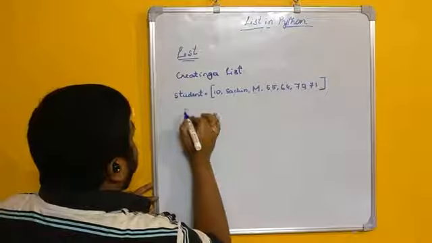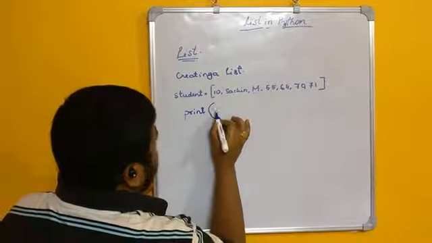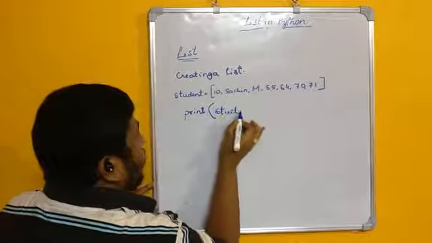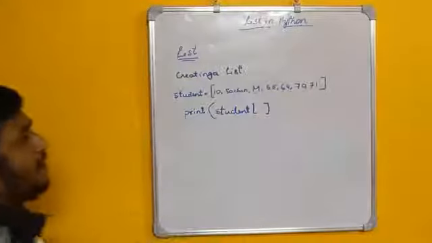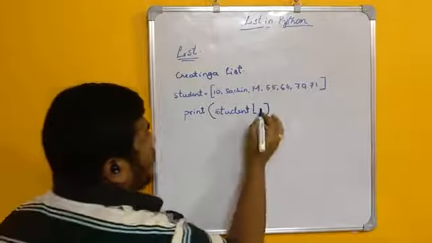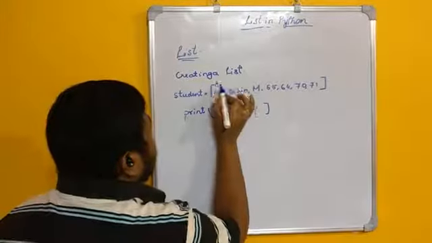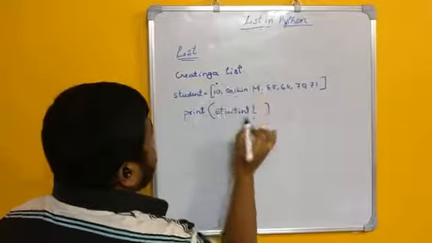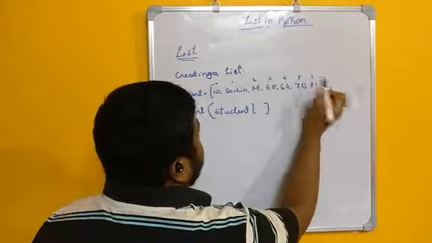Print, bracket, the list name, that is student, in square brackets we write the index of the element we want. 10 is in the 0th index, Sachin is in the first index, M is in the second index, 55 is in the third index, 64 is in the fourth index, 70 is in the fifth index, 71 is in the sixth index.